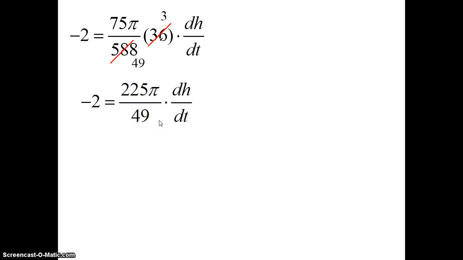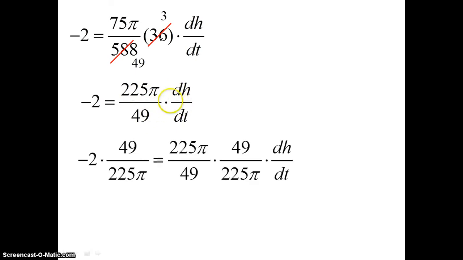I'm a big fan of multiplying by the reciprocal, so to cancel a 225 pi over 49 being multiplied by dH/dt, I'm going to propose that we just multiply by its reciprocal, which would be 49 over 225 pi. And you do that on both sides of the equation.